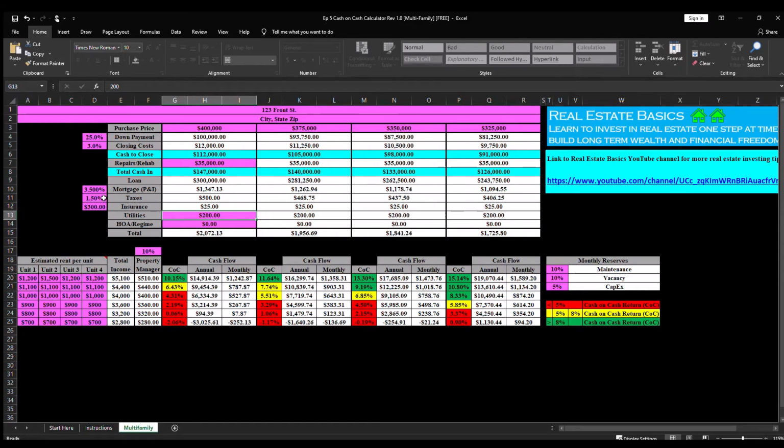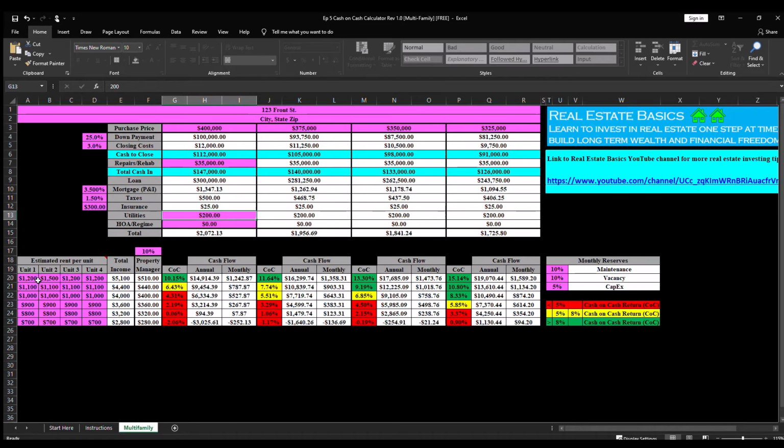This is a percentage of the purchase price which you expect to pay on your taxes annually, and these cells will divide that out into a monthly payment. Then we have our insurance premium, our 12-month or annual insurance premium. You'll put that here, and these cells will divide that out as well. Then if you expect to pay any utilities or HOA fees, you can put those here, and the other cells will grab that for you. And then you can see down below right here is your total monthly payment.